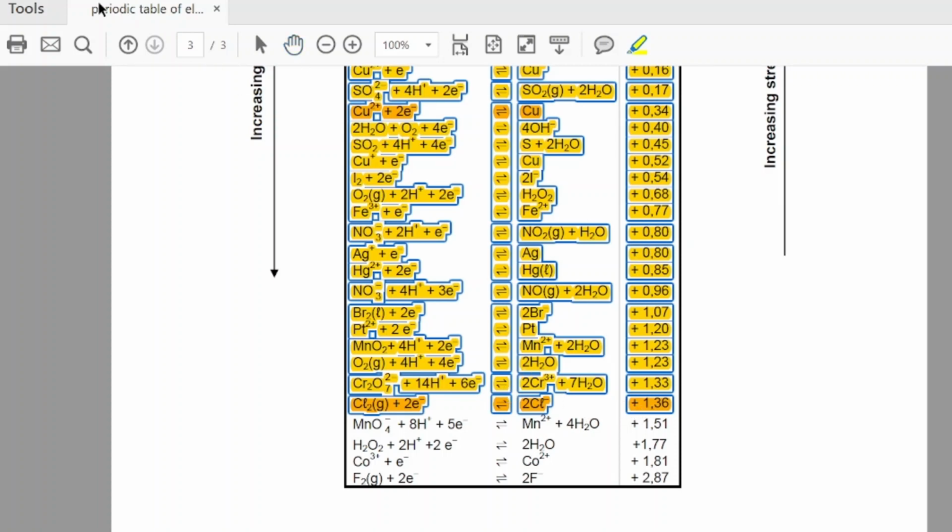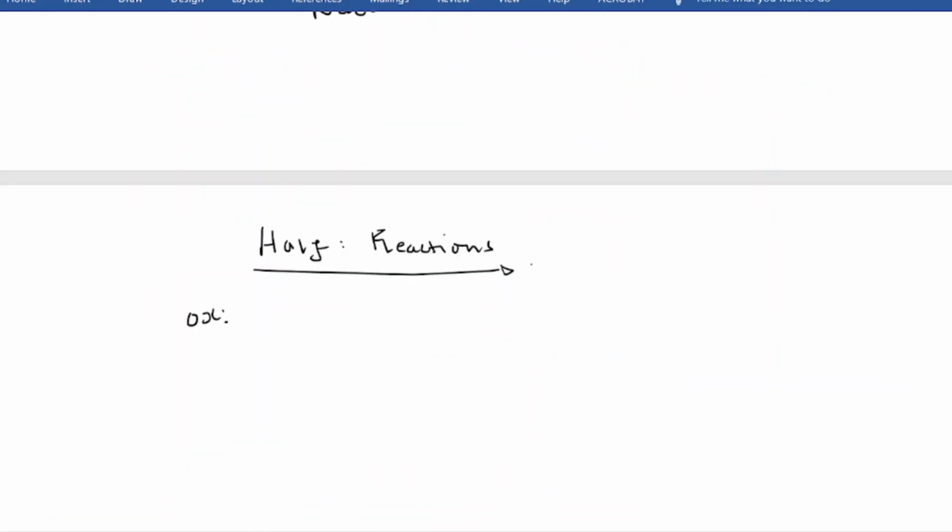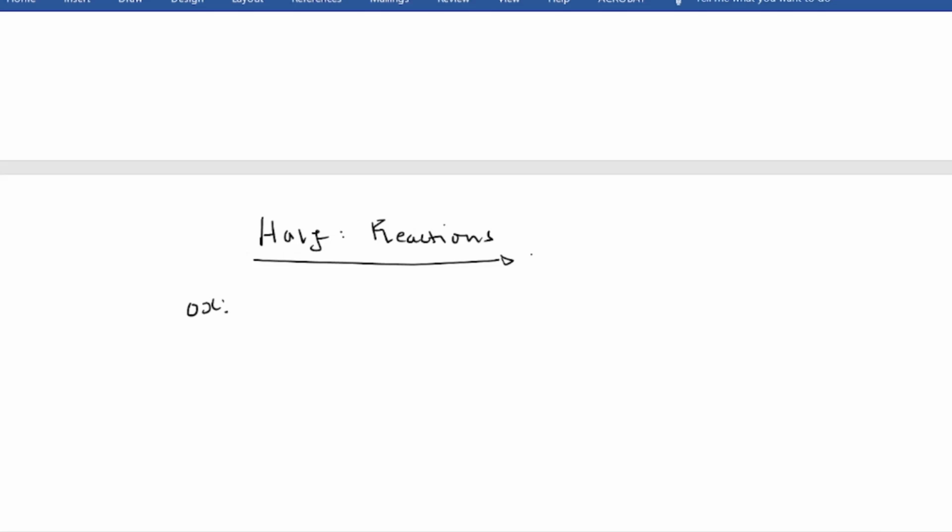So if you write it in the reverse from your table 4b, therefore, what you're going to have there is going to be 2 Cl minus in aqueous form and Cl2 in gaseous form plus 2 electrons. Remember, I took this from the table 4b. Don't ask me why I am writing it like this. I took it from table 4b.